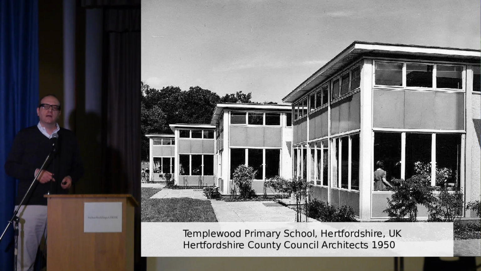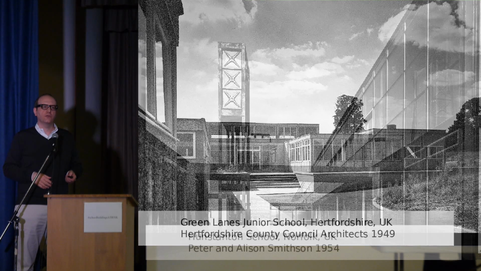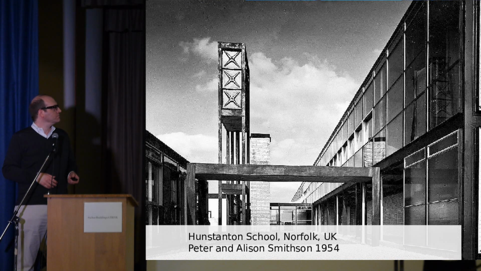The Hertfordshire County Council architects were one of the most prominent and best known of that at the time, and certainly Peter Pennington would have been aware of these kinds of schools. You can see the same kind of design themes we saw earlier with the North American schools here as well.